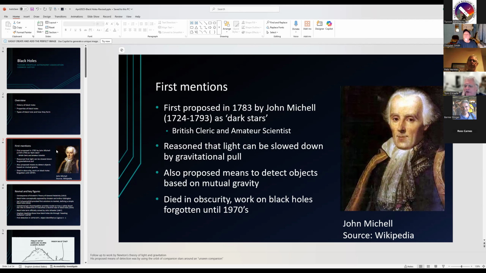Well, this is the first I've heard of that. I guess they would have been Newtonian physics type people at the time, so they must have understood something about gravity, and that if there's enough mass, there could be enough gravity.